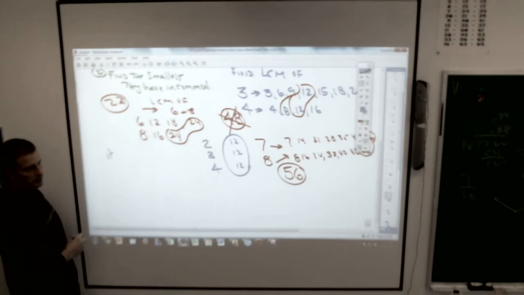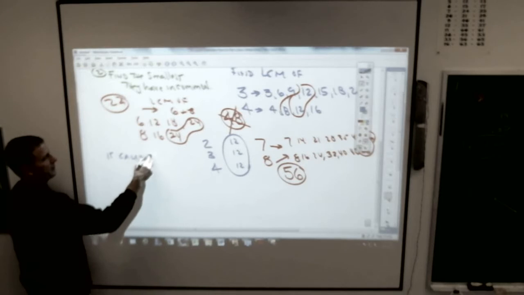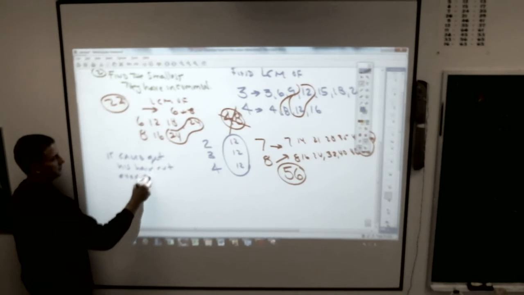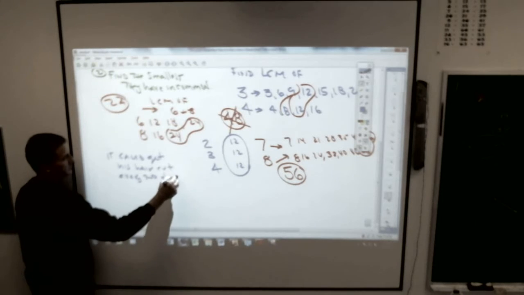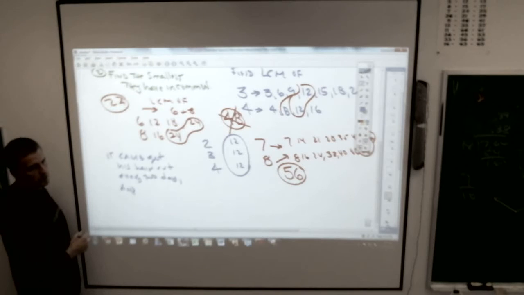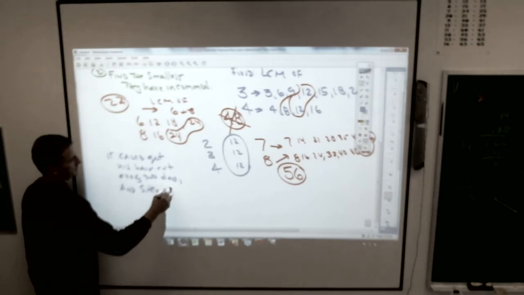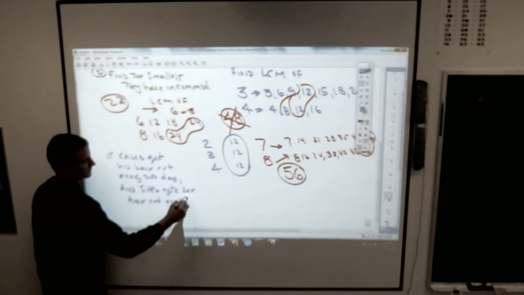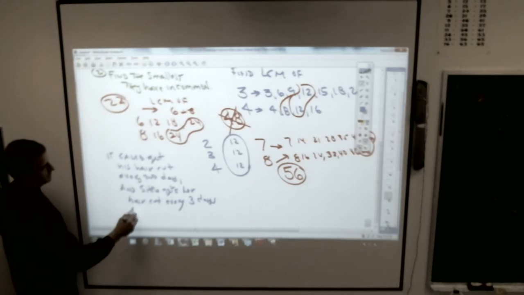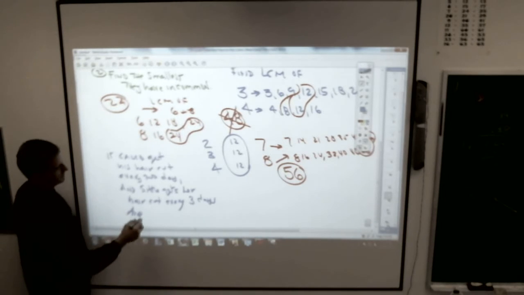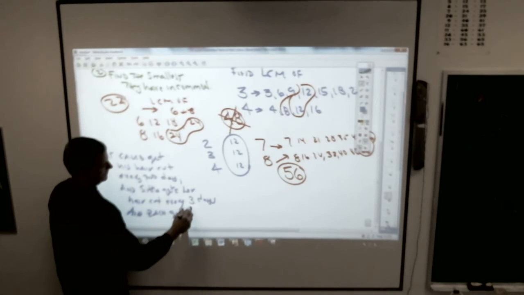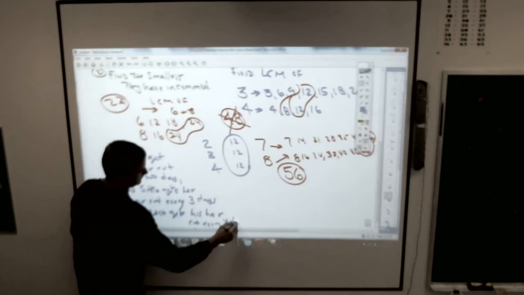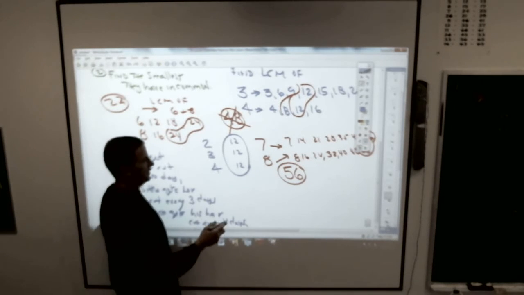If, not that you'll ever see this, Caleb gets his haircut every 2 days, and Sittler gets her haircut every 3 days, and Zach gets his haircut every 4 days, on which day will they all be getting their haircut?